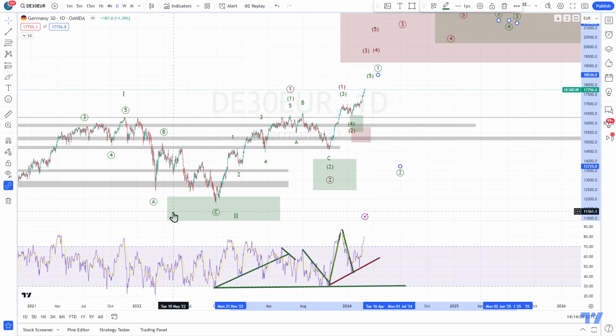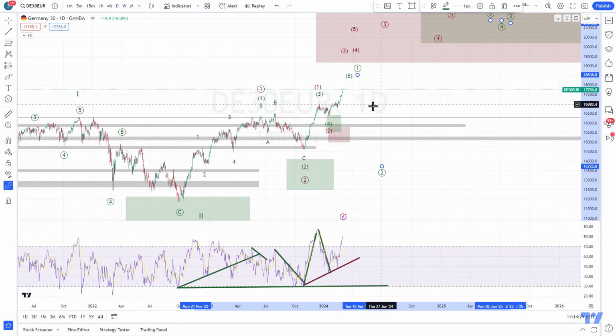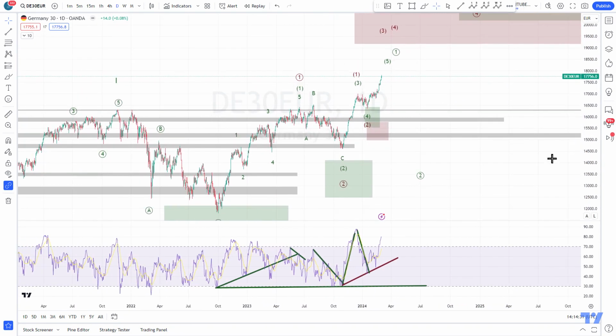What's important in this scenario is that wave 1 here is clearly the longest one. That's okay, but we have to be careful here. In order for this to be a valid wave 3, this wave 5 cannot be longer than the wave 3.